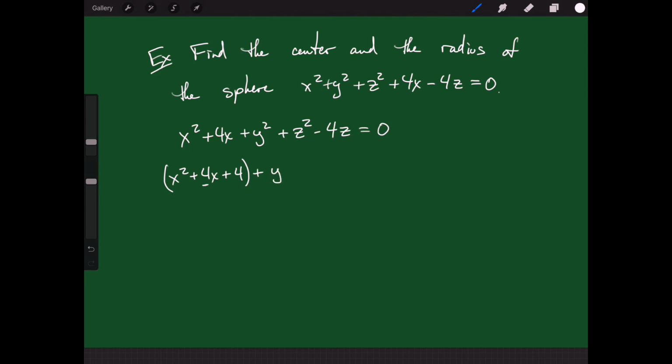Plus y squared. Y squared is already a perfect square, so I don't need to do anything there. And then finally I have z squared minus 4z, and I need to complete the square here. So I take negative 4, divide it by 2, which is negative 2, square negative 2, I add 4.